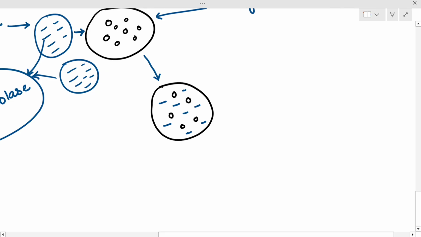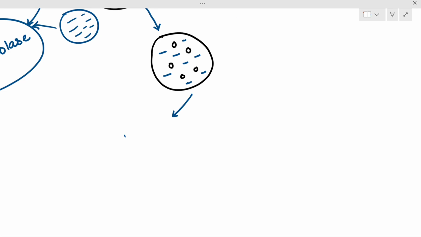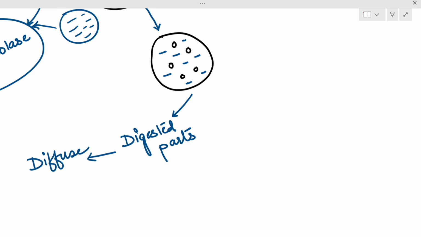So this acid hydrolase will digest these macromolecules and those digested parts are being diffused out of the cell.